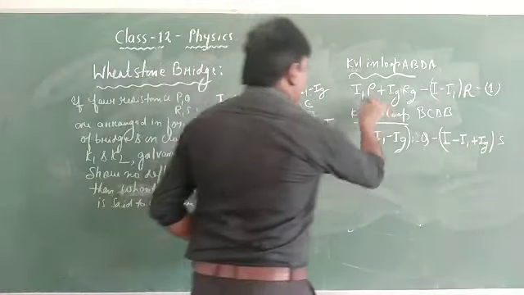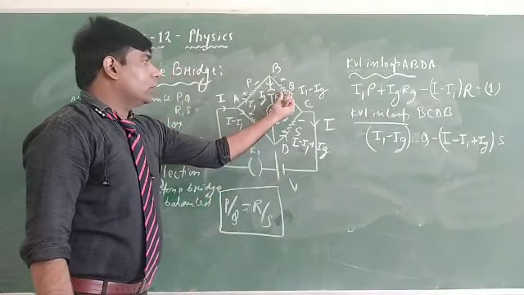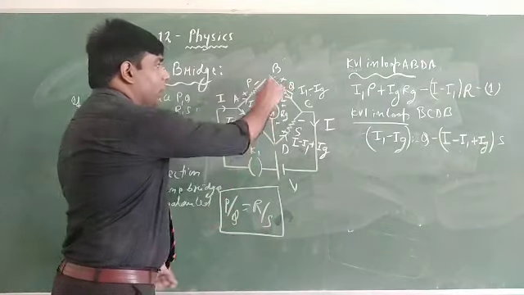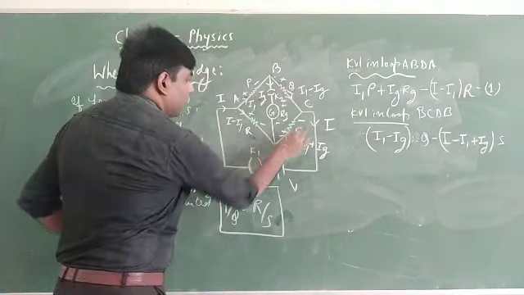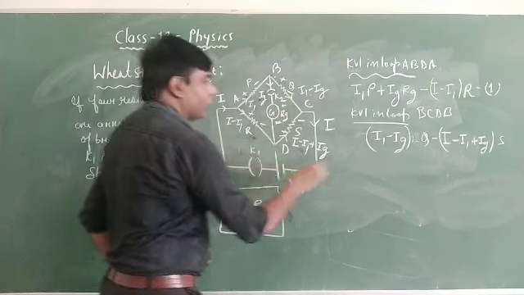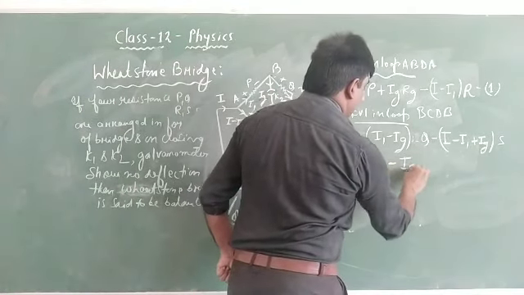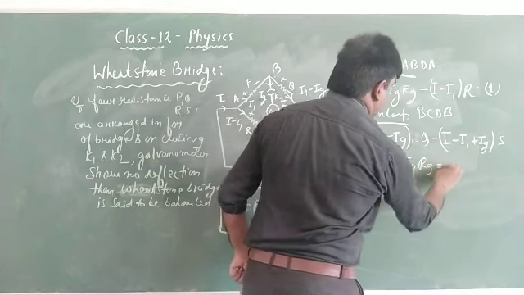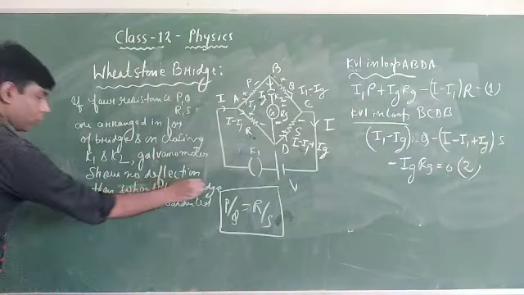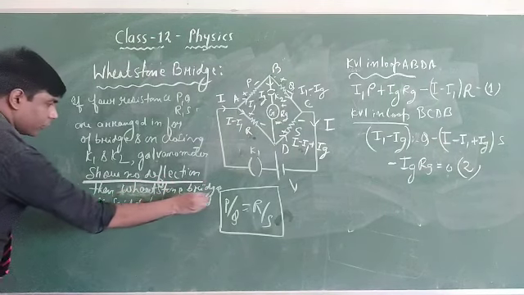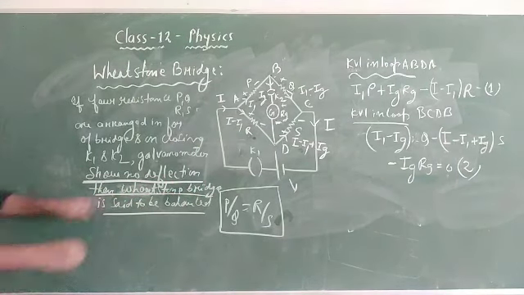Right? Means you have applied, just see the current through the resistance and multiply with the resistance, keeping in mind the polarity. Now we have taken this here. When I go clockwise, first is negative, so minus. See, when the bridge is balanced, there is no deflection.